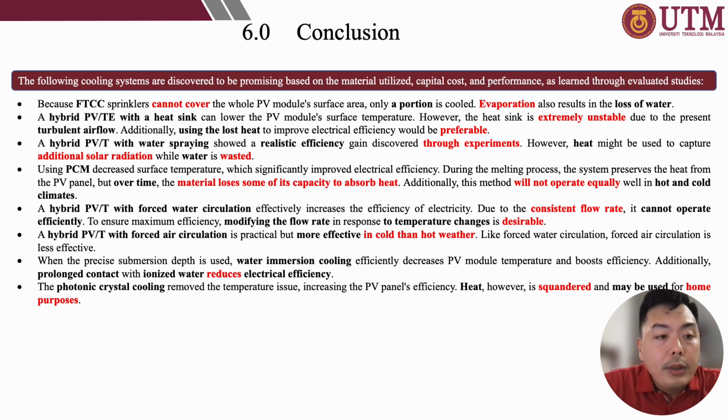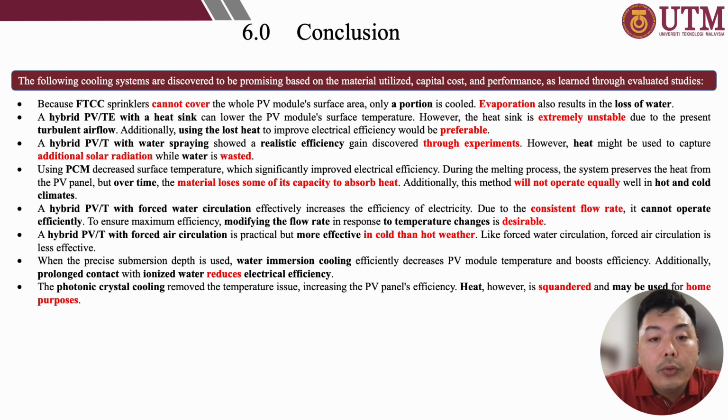As for the conclusion, the following cooling systems are discovered to be promising based on the material used, the capital cost, and the performance, as learned through the evaluated studies. Because the FTCC sprinkler cannot cover the whole PV module surface area, only a portion is cooled.